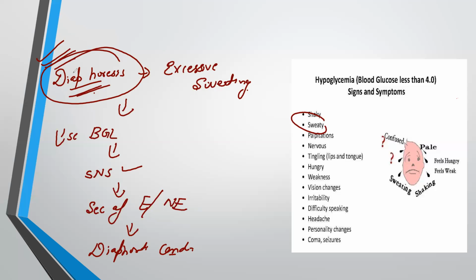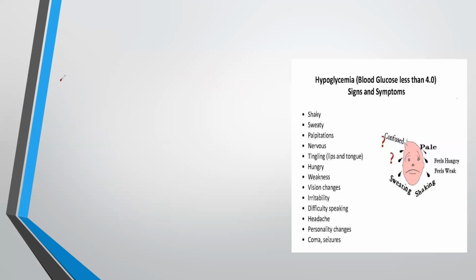Next, the third main symptom is slurred speech. So how does slurred speech occur in hypoglycemia?